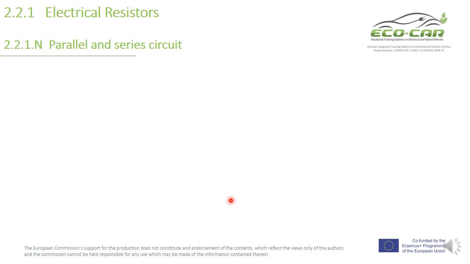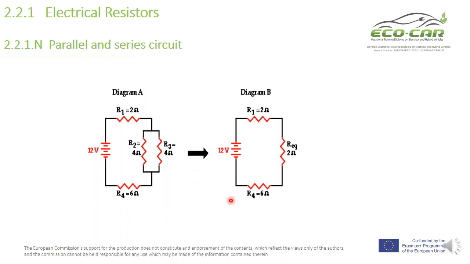Now, what about a circuit with parallel and series resistors, as we see in this figure? We have resistor R1, 6 ohms, and resistor R4, 2 ohms, in series, and R2, R3 in parallel, 4 ohms and 4 ohms. So these are two resistors with the same value.